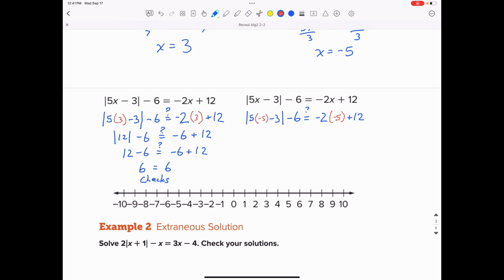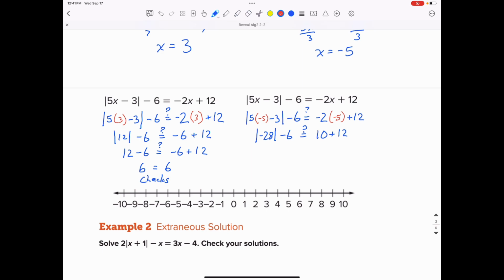When we do what's inside of bars on this one, we'll have 5 times negative 5 is negative 25, minus 3 is negative 28. Minus 6, does that really equal negative 2 times negative 5, which is positive 10, plus 12?